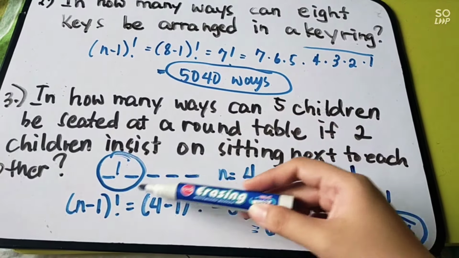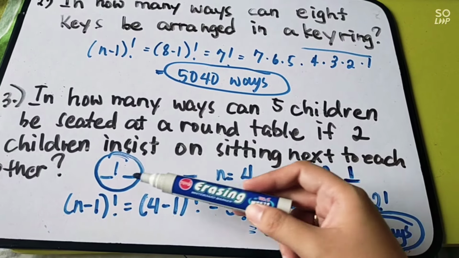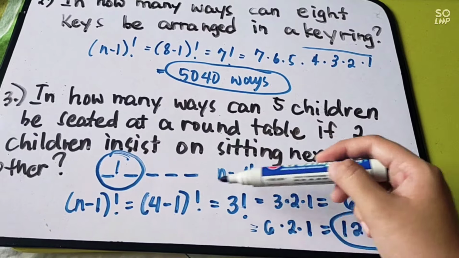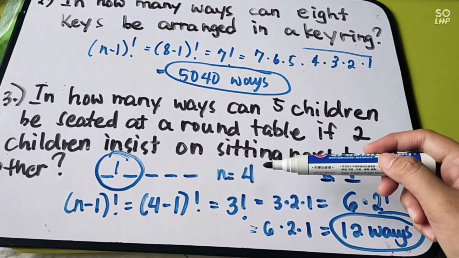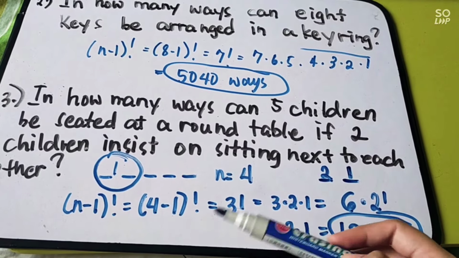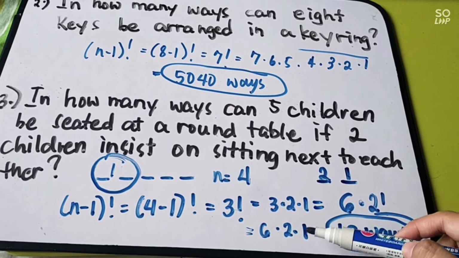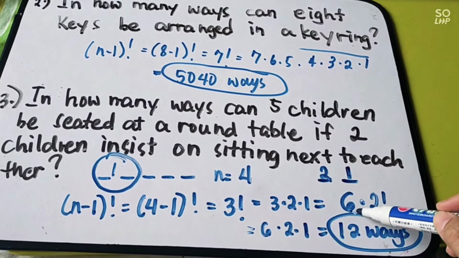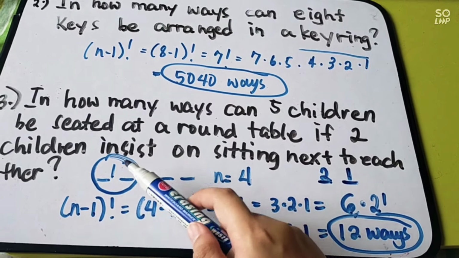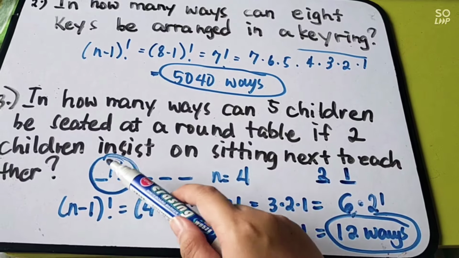Nag-consider ako na yung dalawang batang magkatabi ay isa na lang. Then, magiging count na lang niya is 4 objects na lang. After that, when I already found the 3 factorial, lumabas na si 6. Huwag niyong kalimutan na yung dalawang bata, pwede pa silang magpalitan ng pwesto.